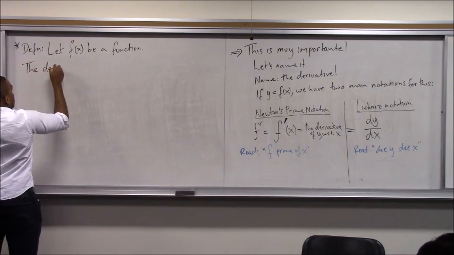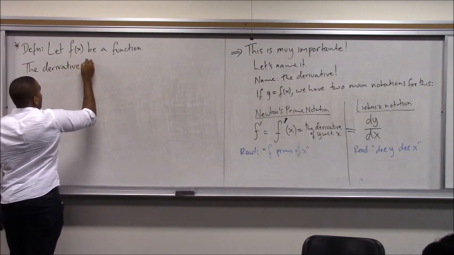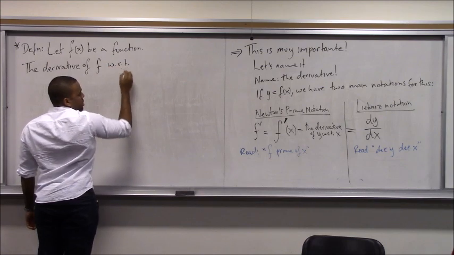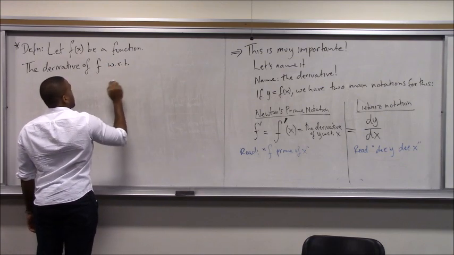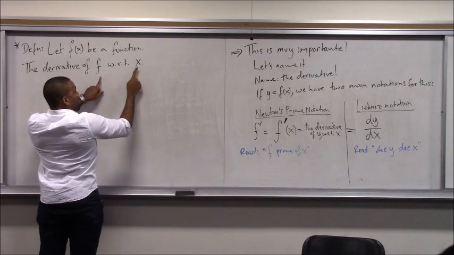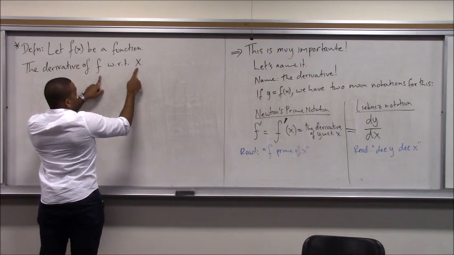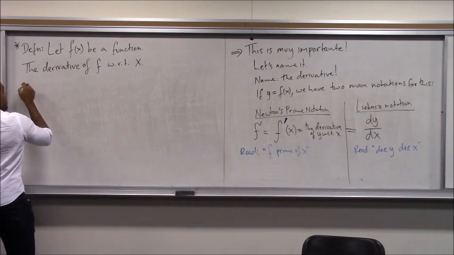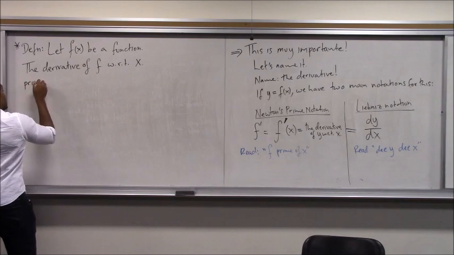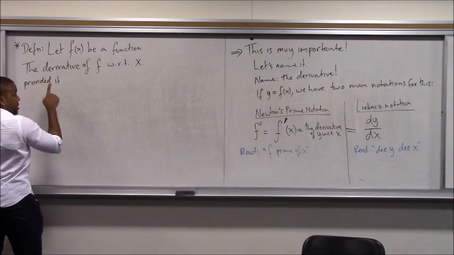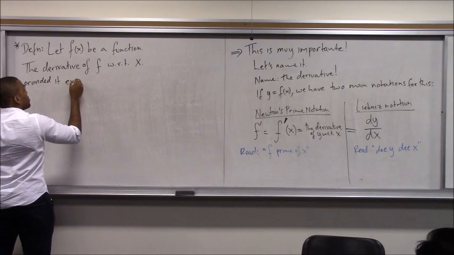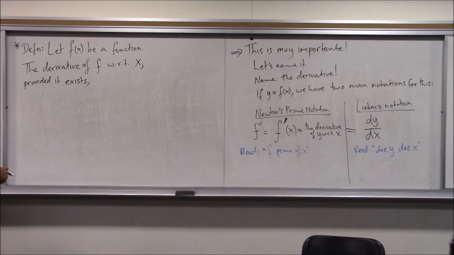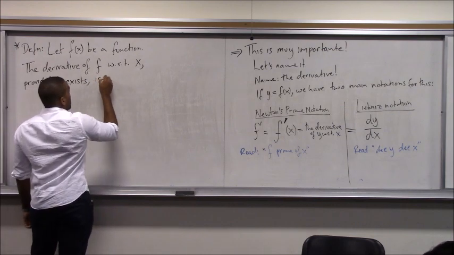The derivative of f with respect to x (WRT means with respect to) is identifying who is the independent variable, right? So this is the dependent variable, that's the independent variable. Provided it exists. Now this is a limit. It's possible that it does not exist, and we'll talk about those situations soon. So the derivative of f with respect to x, provided that it exists, is given by this limit.